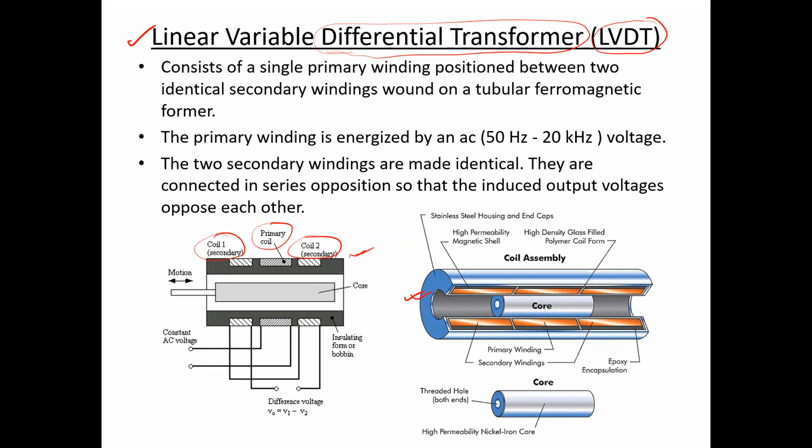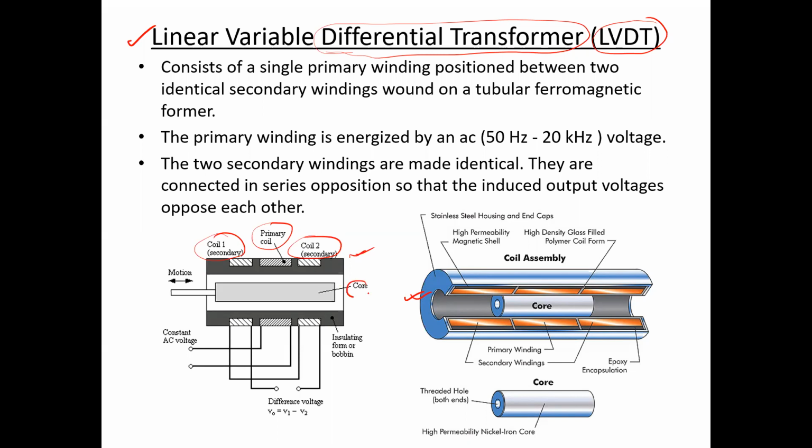However, they are connected in series opposition so that the voltage difference between the two coils can be taken as the output. And the windings are actually done on a magnetic core material, and inside the cylindrical magnetic core or former, a hollow space is there where an iron core, or any ferromagnetic core, can be inserted.